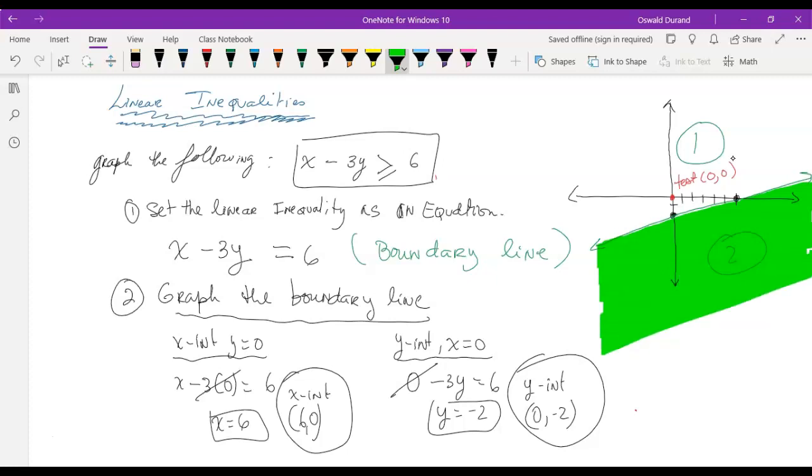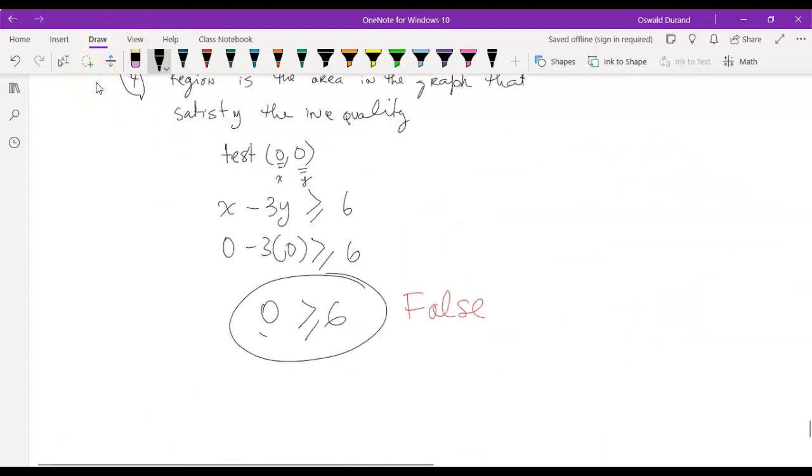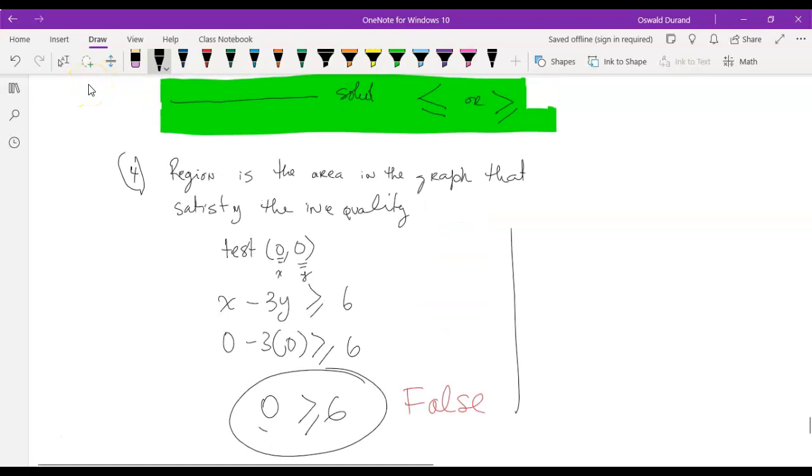If you want to take another point just for the sake of it, let's use the point (0, -3) to check, just to be comfortable with the result. So test (0, -3). I have x minus 3y greater than or equal to 6. x is 0, minus 3 times y, and y is negative 3.